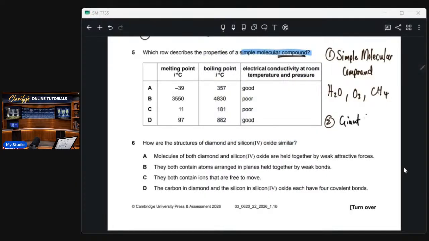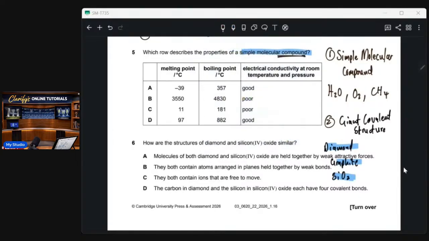Then you go to the second, which is called giant covalent, because that may be the one they ask you. For giant covalent structures, you have to know 3: diamond, graphite, and silicon dioxide. You must know. These are the 3. We'll talk about their properties.